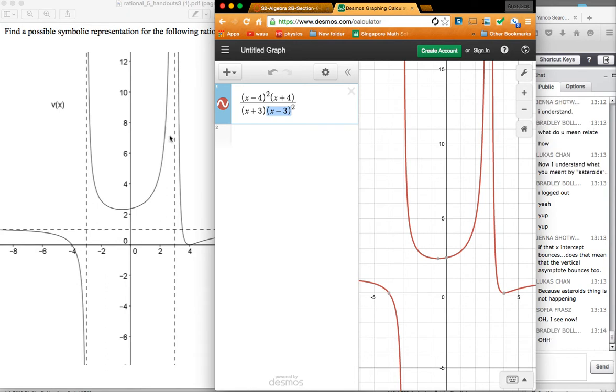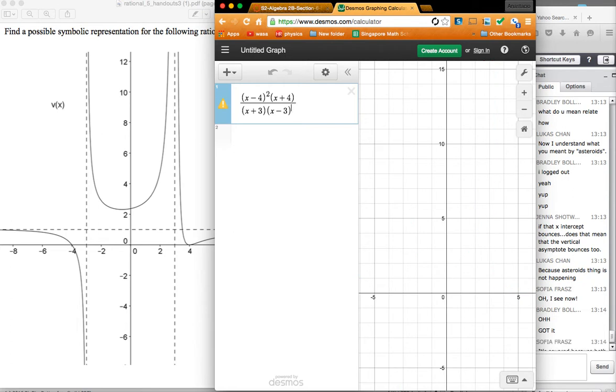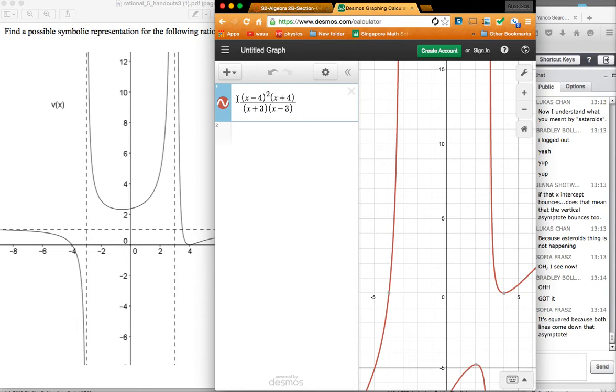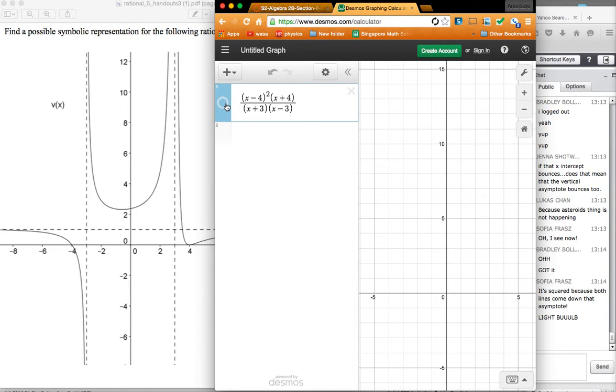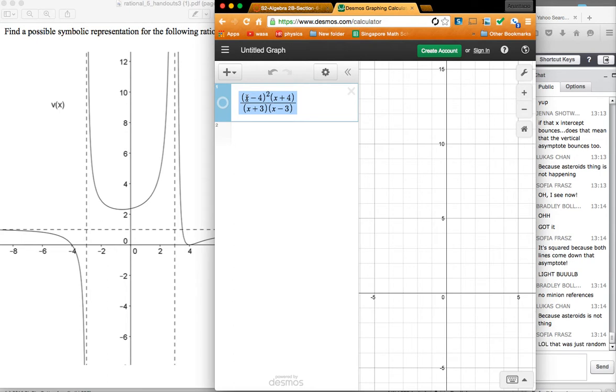So that's why I'm squaring that one, because the graph told me to do it. Does that make sense? And notice, before I even graphed it, when I told you, hey, let's look at the graph and see if it works, I knew that this wouldn't work. Why is that? Well, think about that horizontal asymptote we talk about. The degree of the polynomial upstairs is a cube, and the degree of the polynomial downstairs is a square.